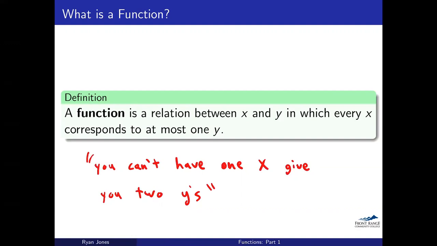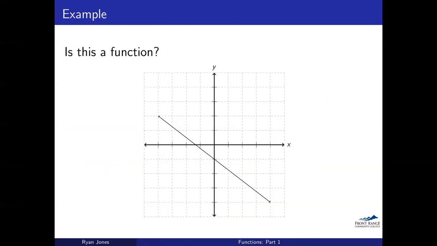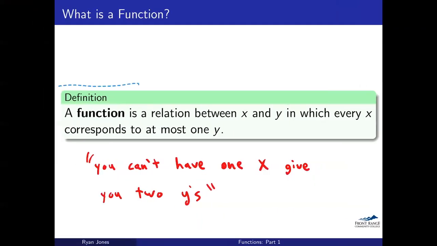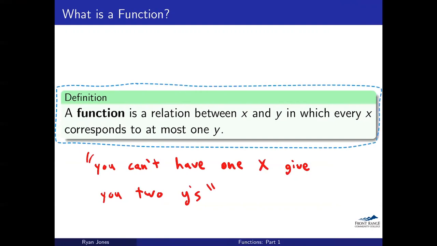To ingrain this in our heads, let's go through a lot of examples looking at a graph. Right here, we've got a line, a linear function. The question is, is this a function? Let's use that definition. I'm going to copy and paste this definition, and we'll keep putting it on every slide.